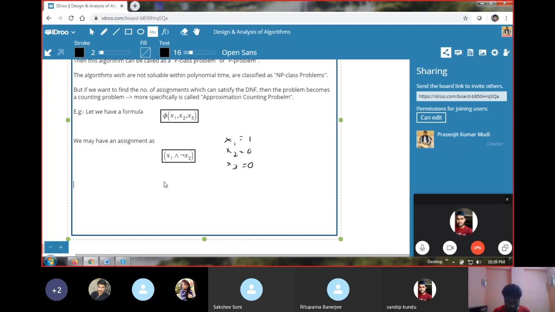So the total number of possible assignments is 2 to the power of 3, which is 8. We can check for all the 8 assignments whether they are satisfying the given propositional formula phi or not. The number of assignments out of 8 which are satisfying the DNF is the count. That is the counting.